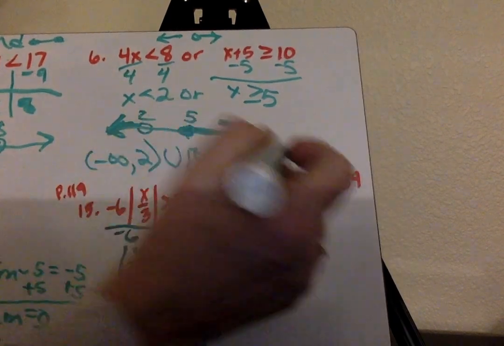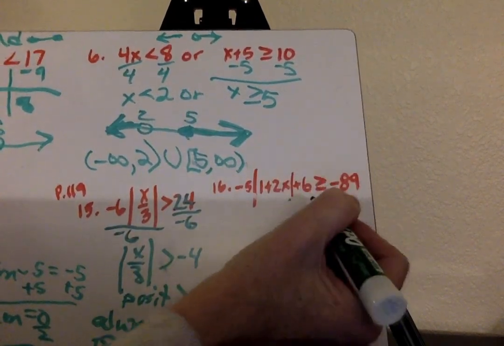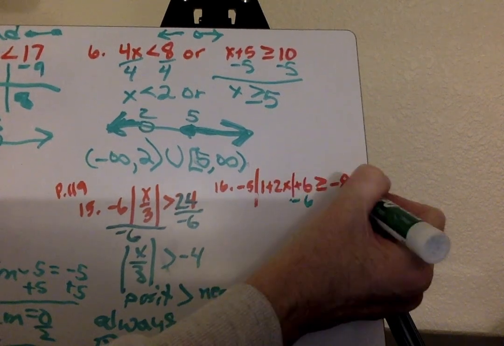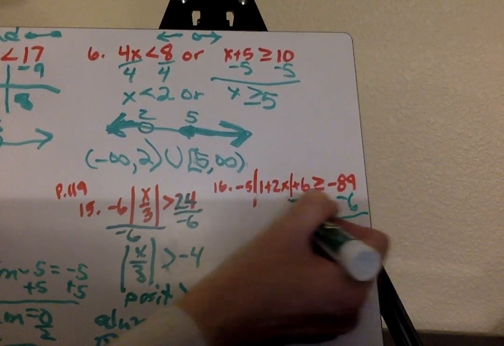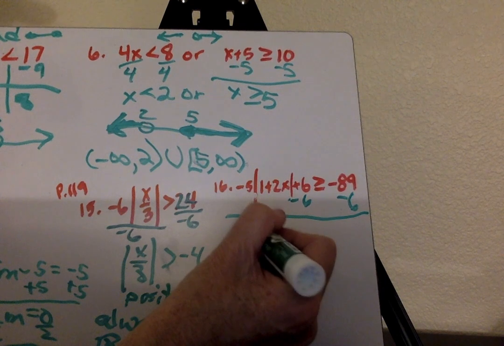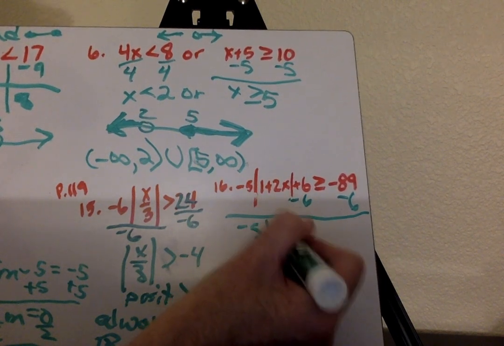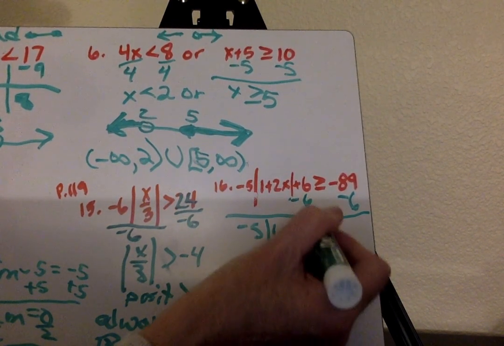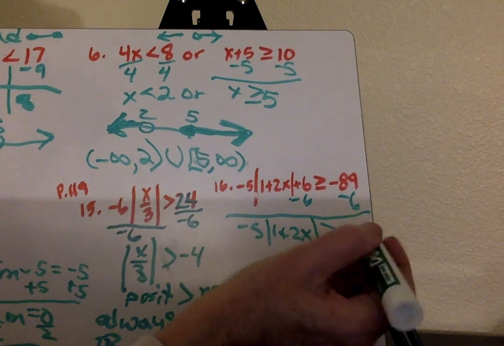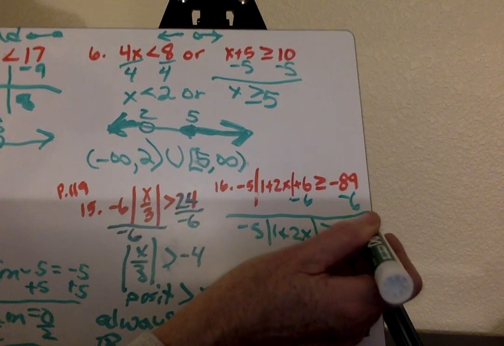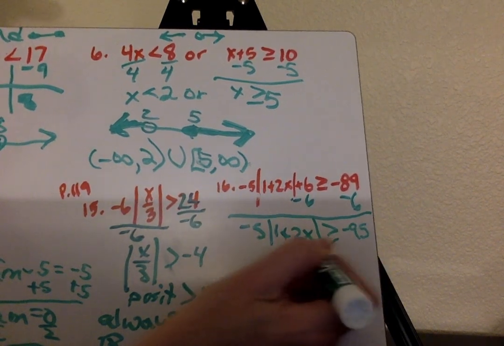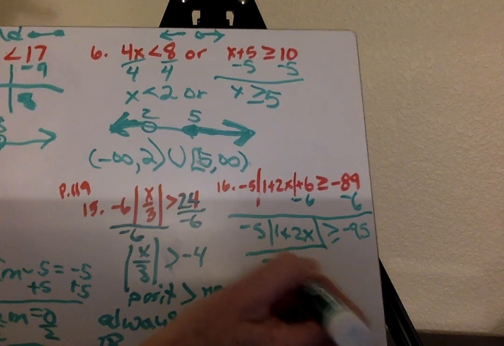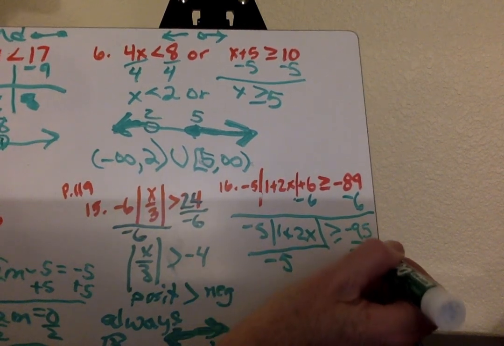First thing we're going to do is go minus 6. So negative 5, absolute value 1 plus 2x, absolute value is greater than or equal to negative 95. Divide by negative 5. Let's see.